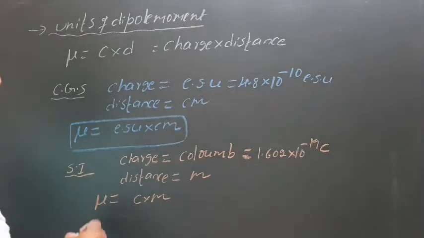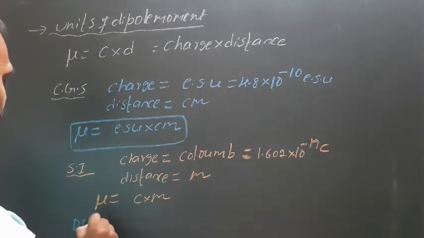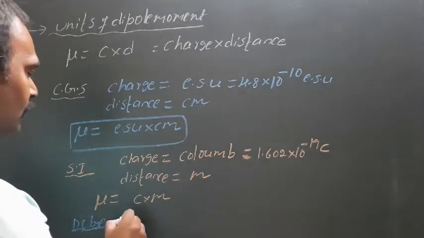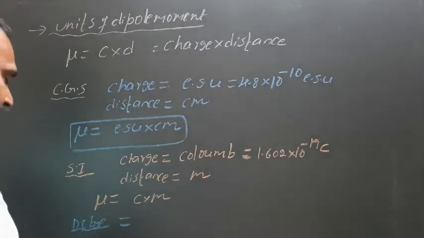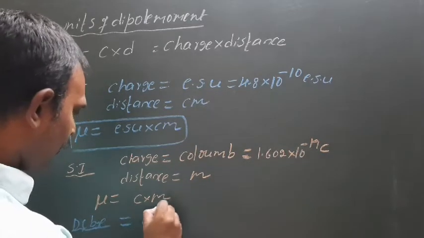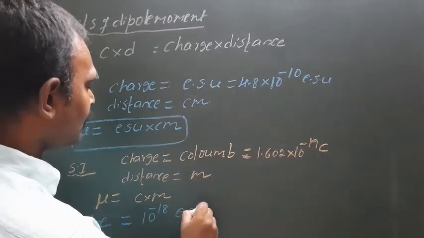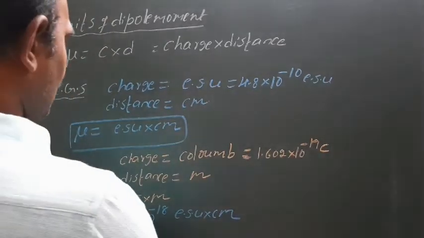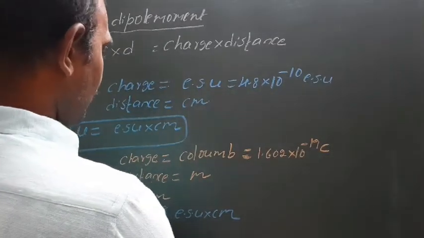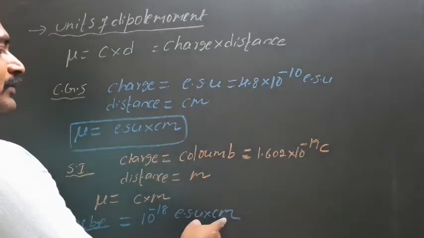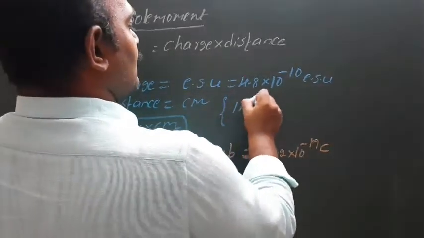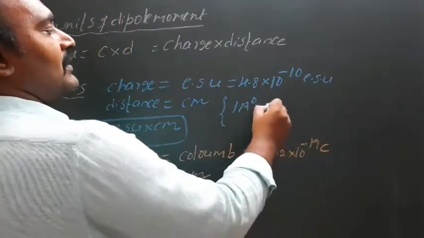But the common unit we follow is the Debye unit. Now see here, 1 Debye is equal to 10 power minus 18 electrostatic unit into centimeter. Generally, bond length or bond distance is expressed in angstrom.